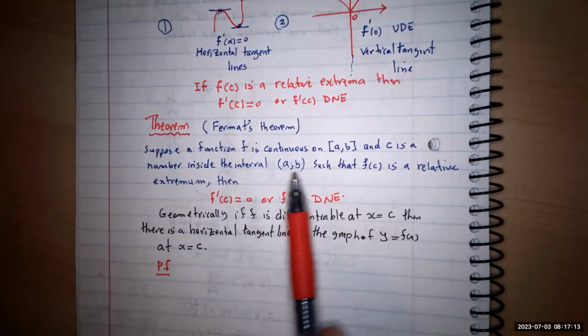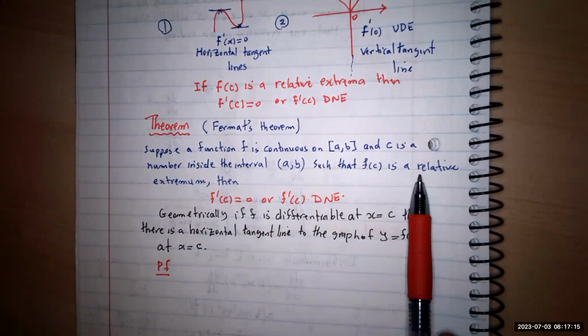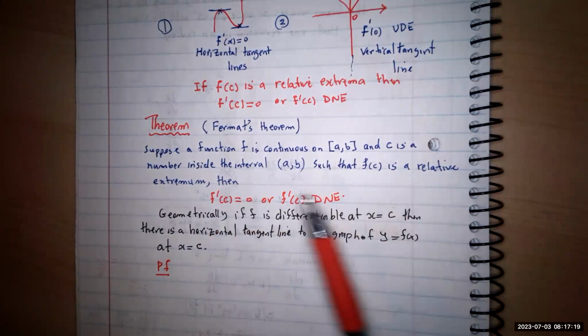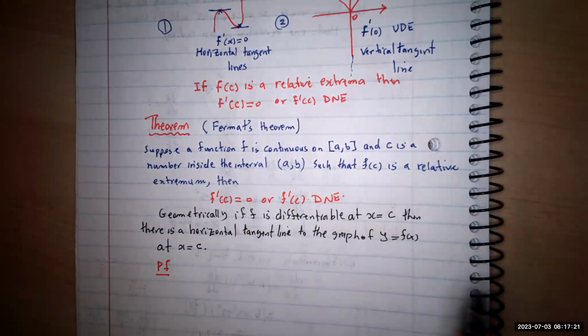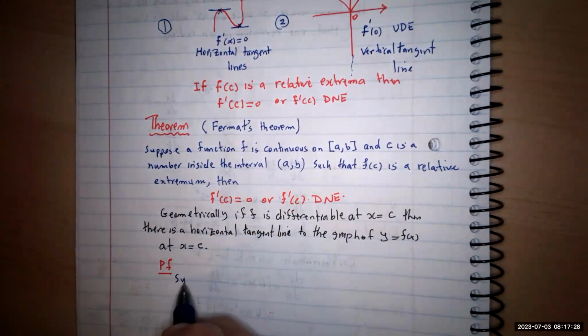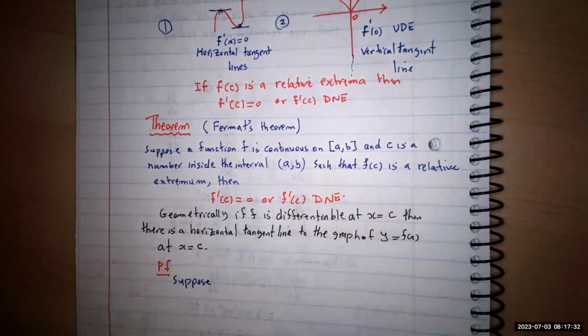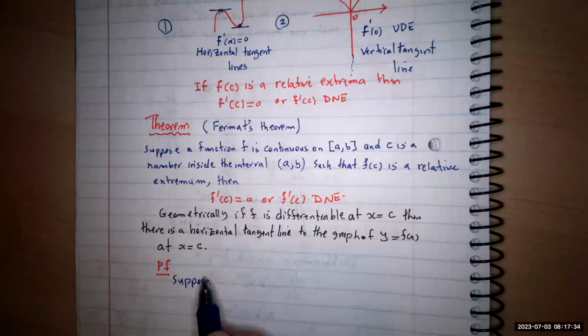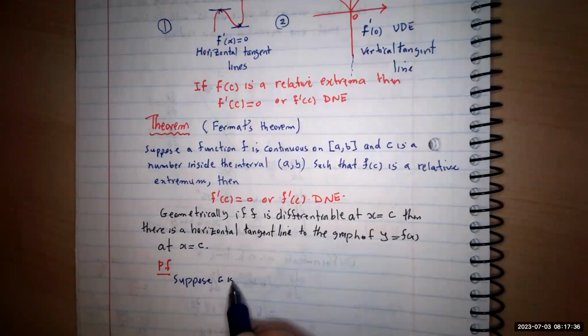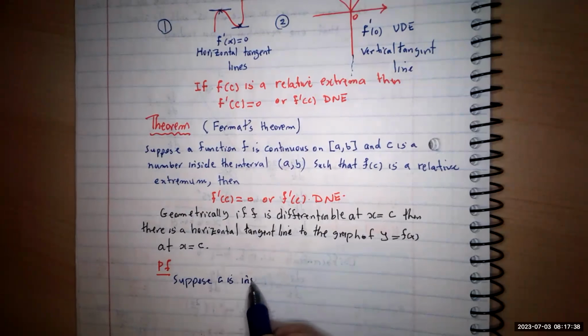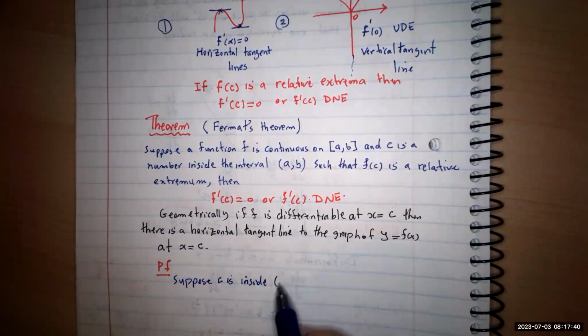You want to prove that it's an extremum. So take one. Which one do you like, maximum or minimum? I can do both of them for you. Pick one of them. Suppose I like maximum. So we have all this information that we talked about. Suppose c is inside (a, b).